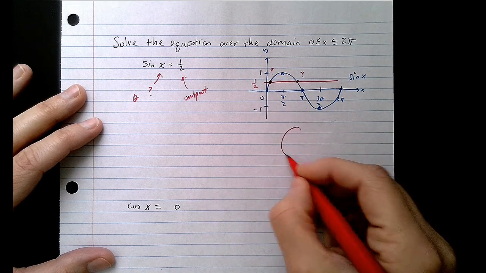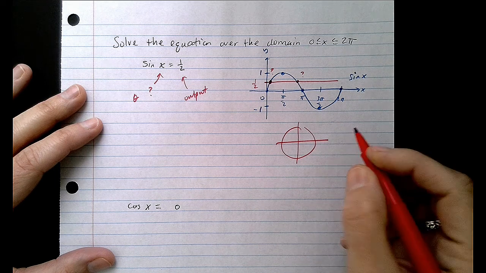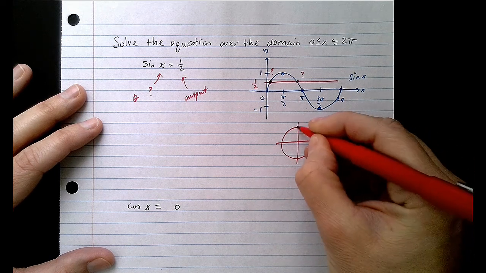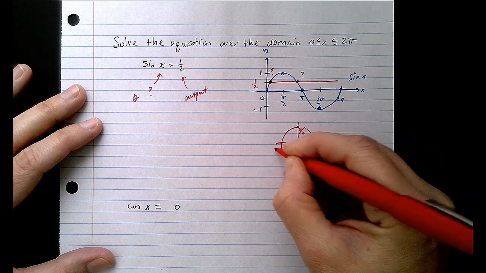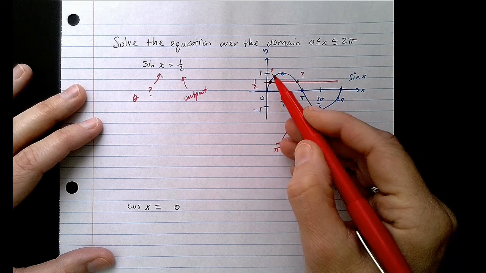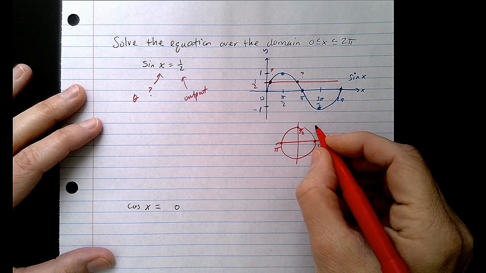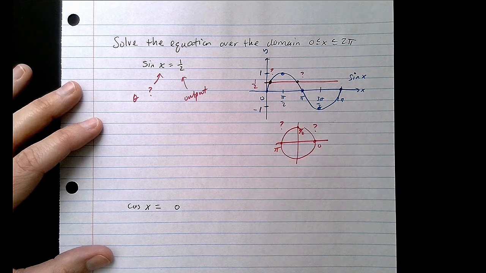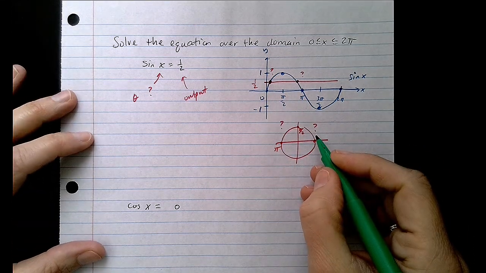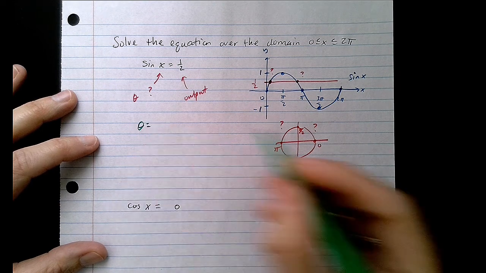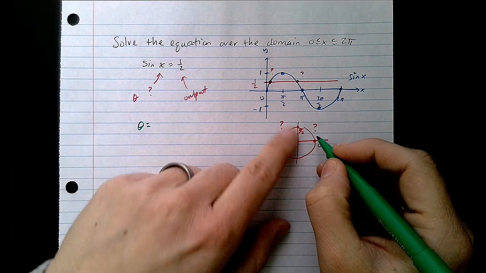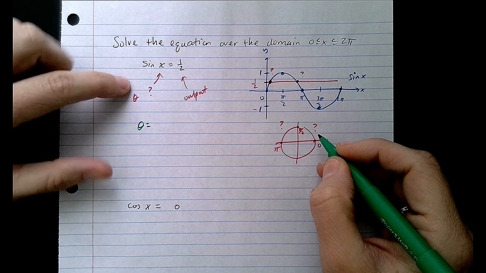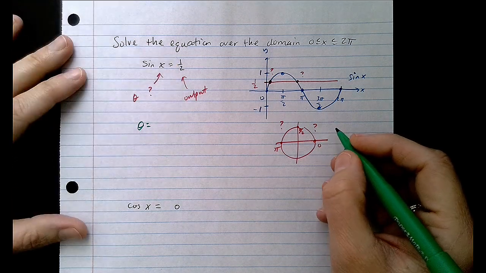So let's think about our unit circle now. We know this is 0, we know this is pi over 2, and we know this is pi. So one of those angles happens in quadrant 1, and the other one happens in quadrant 2. So looking at your unit circle, look in quadrant 1 now, what angle has a sine value of 1/2?